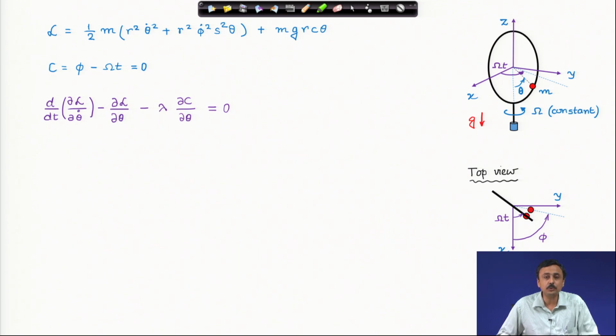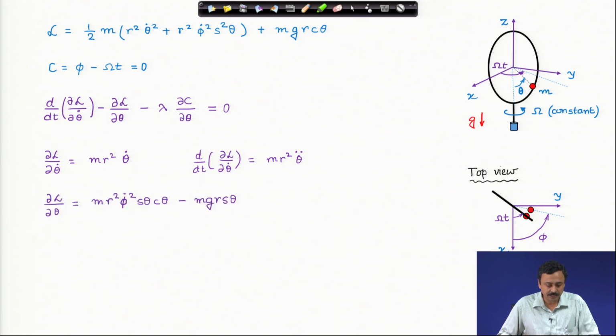Then we move over to the theta equation. We again determine these terms, del L del theta dot and d dt of del L del theta dot. In this case, they are straightforward. Del L del theta, we have contribution from theta in the Lagrangian, and this is our expression for del L del theta, and del C del theta is 0.